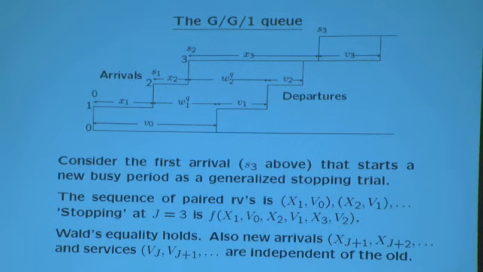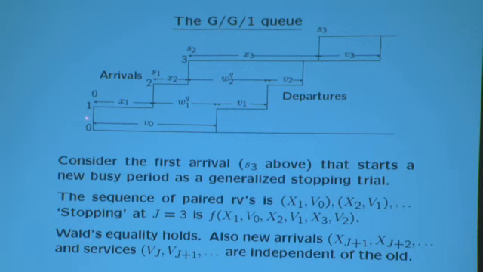What I want to do in this argument today is to explain much more carefully why you can actually restart things when this new arrival occurs. So I want to say that in fact this is a renewal time for this entire queuing process.